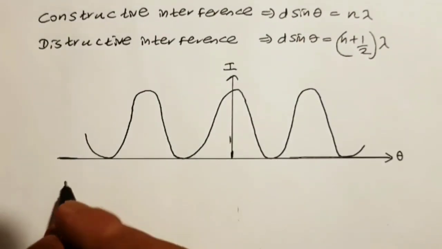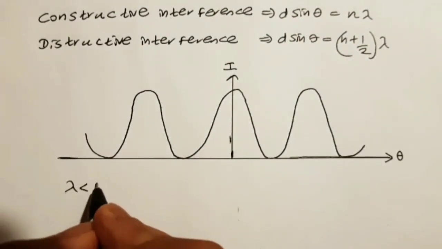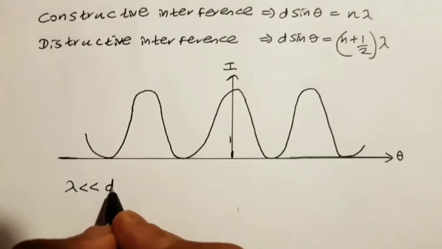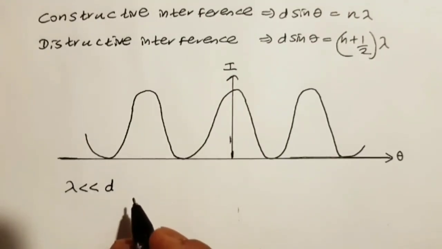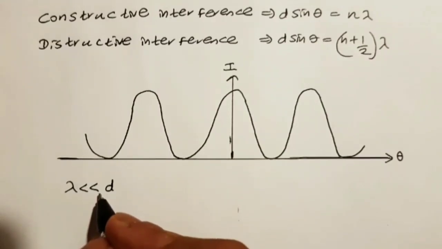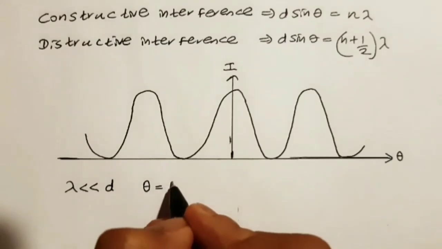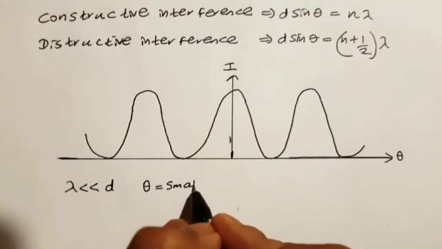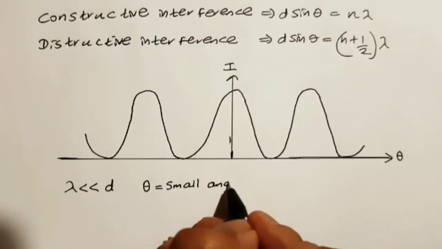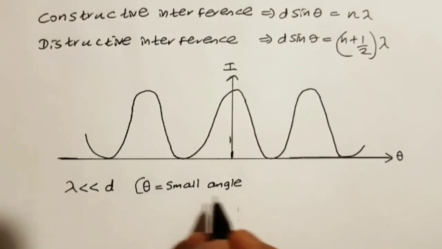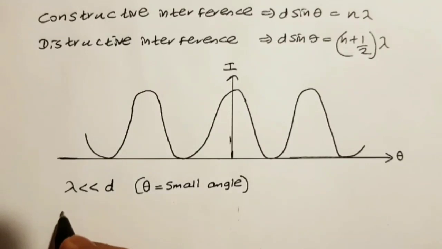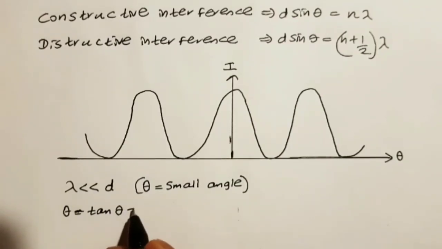We know that lambda is really small compared to the separation of the two slits. This is because lambda is on the nanometer scale, and hence we can see that theta is also small. When theta is a small angle, from basic rules we know that theta is approximately equal to tan theta, which is approximately equal to sin theta.